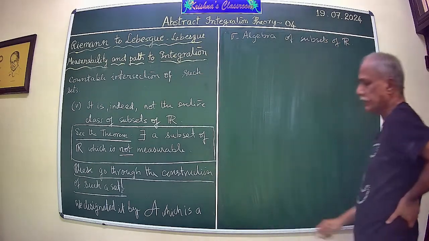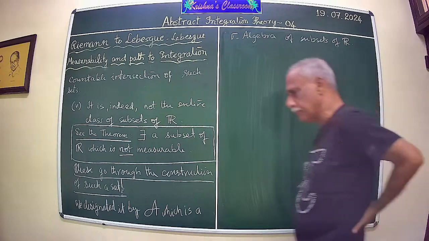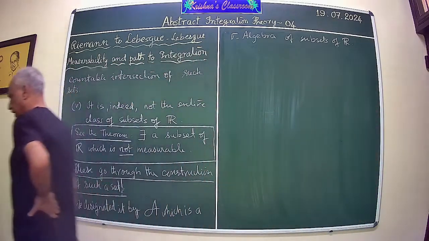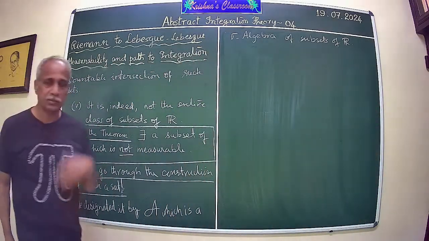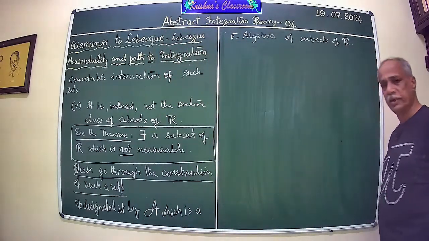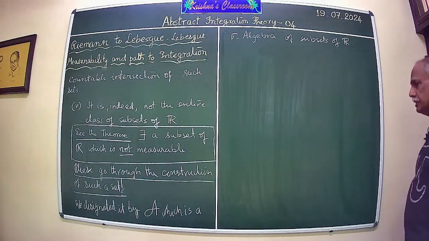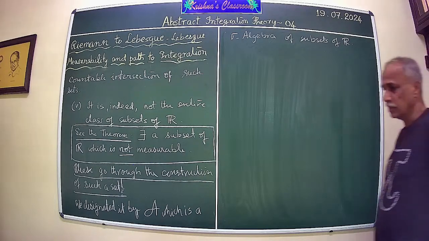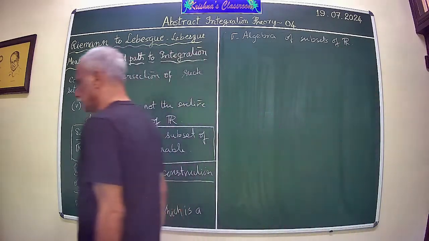Sigma algebra means the empty set belongs to that, the whole set belongs to that. If A belongs to that, A complement belongs to that. The countable union of measurable sets is again measurable, and the countable intersection of measurable sets is measurable.